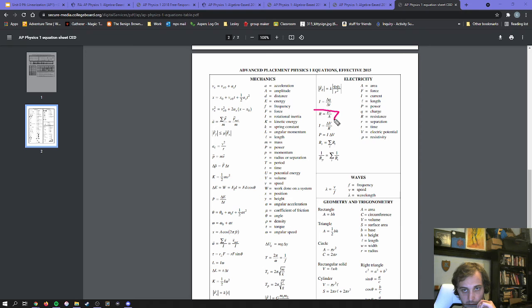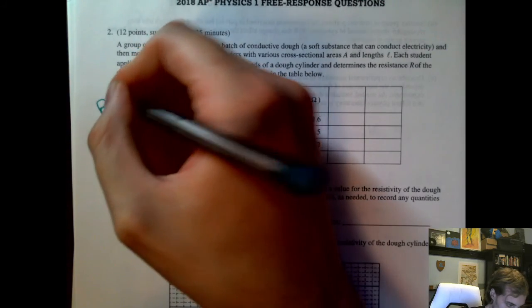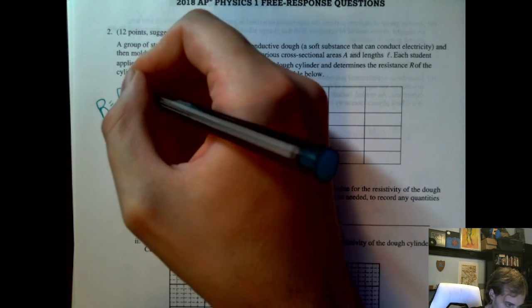Oop, this one's got rho, so this one I might use. Doesn't have rho, doesn't have rho. So this is the literal only equation that has resistivity in it. So that's the equation I'm going to take back with me to the problem. Capital R is equal to rho lowercase l over A.